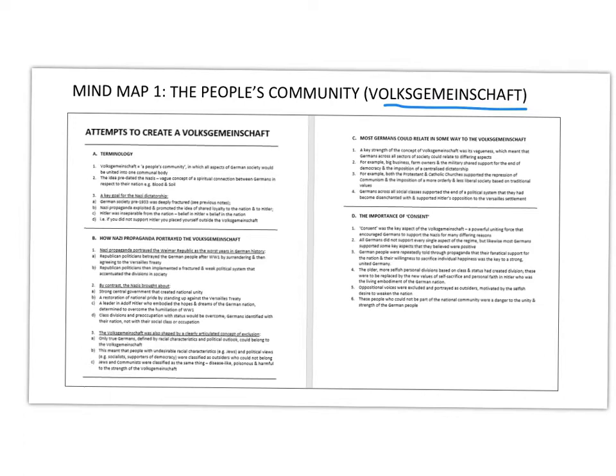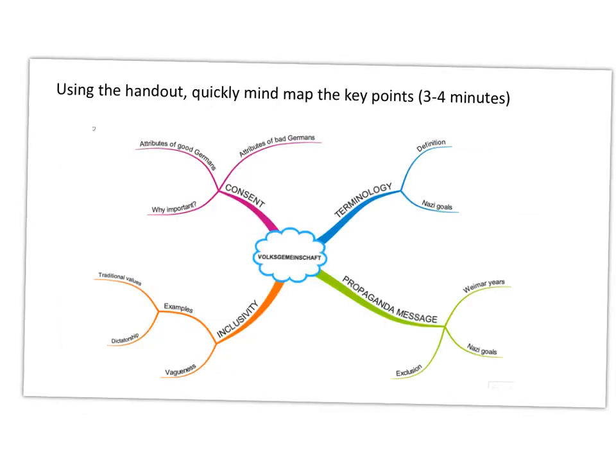Anything with the word Volks translates as people's, so the Volkswagen is the people's car. So there are the notes for this lesson, attempts to create a Volksgemeinschaft. You'll see these same notes on the slideshow as I go through now, and there's the mind map.